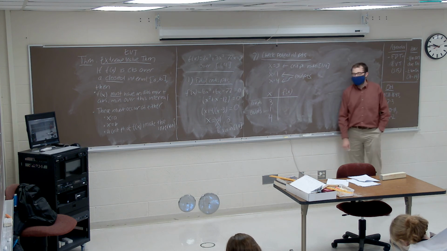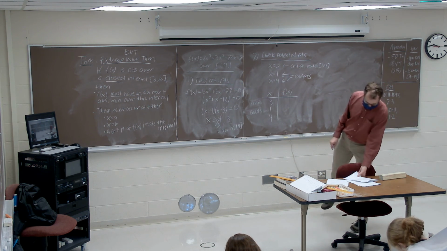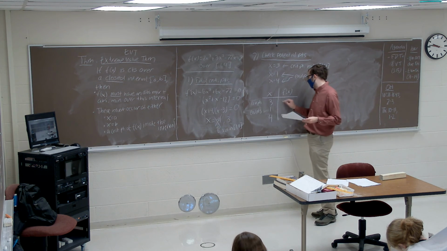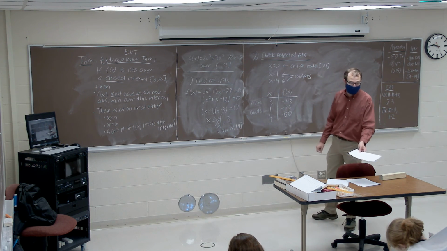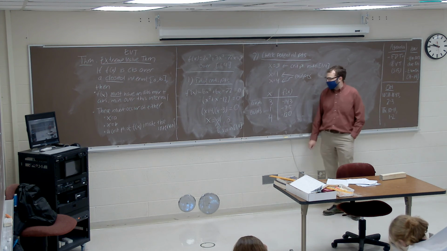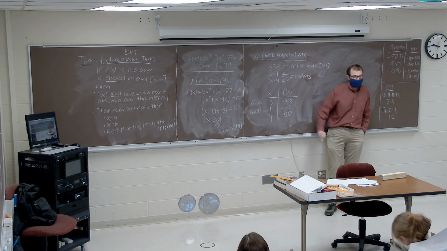Now you need to know what f of x is at all of those points. At x equals 3, f of x is negative 143. At x equals 1, it's negative 75. At x equals 4, it's negative 120. Dr. Gerstle, how did you know that? I worked it out ahead of time.